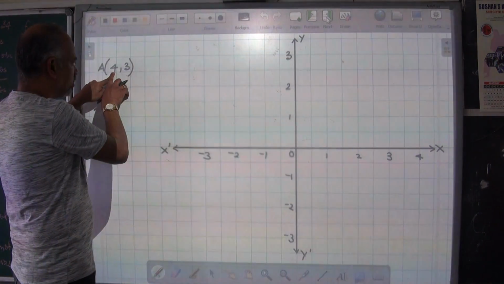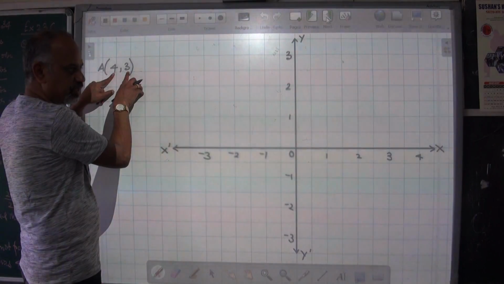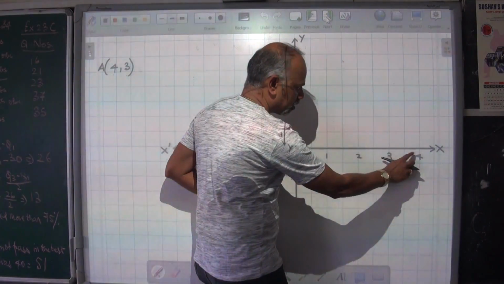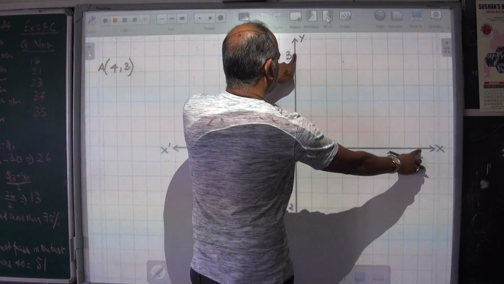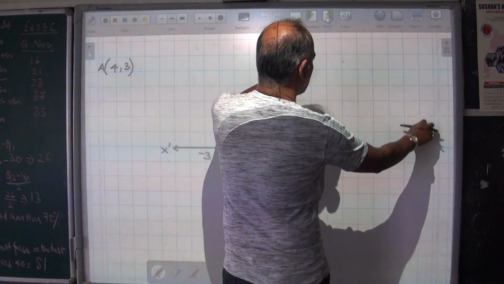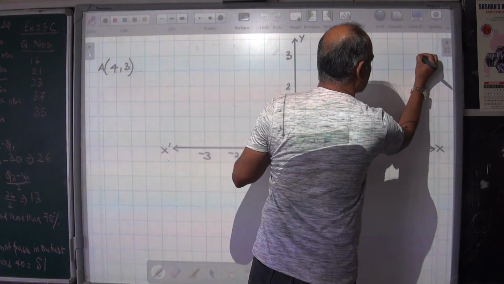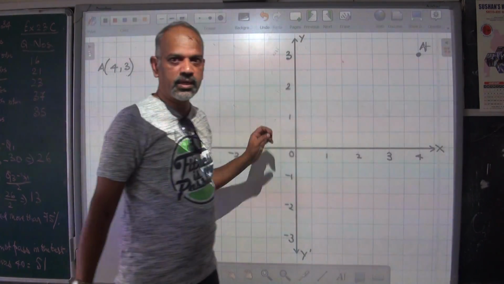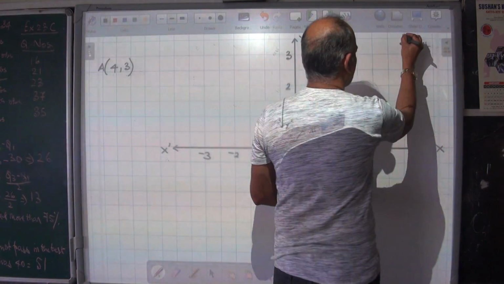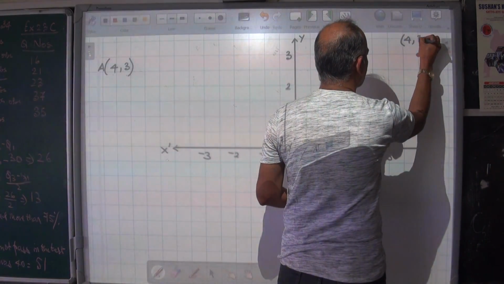So x value is 4, y value is 3. X value is 4 and y value 3 is here. The meeting point of both these will be at this point. That is your A, whose coordinates are 4, 3.